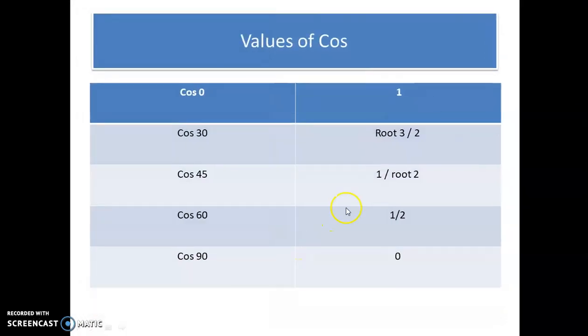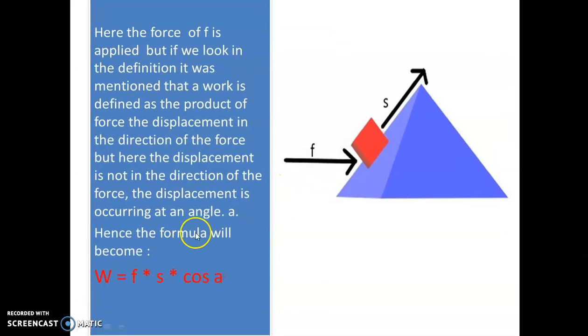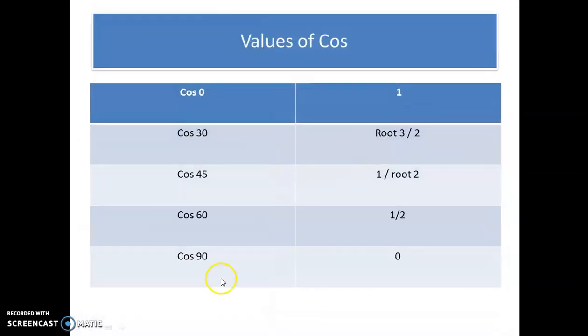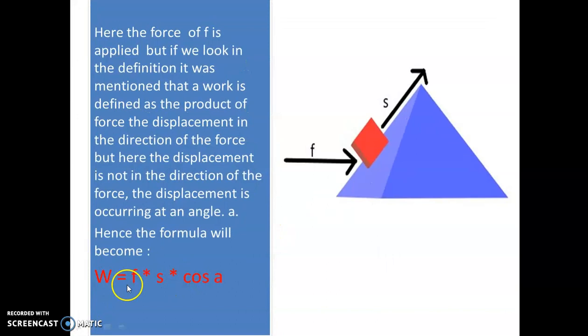The value of cos 30, from the chart, is root 3 by 2. So W equals F into S into root 3 by 2. If the angle is 45, it is 1 by root 2, so W equals F into S into 1 by root 2.